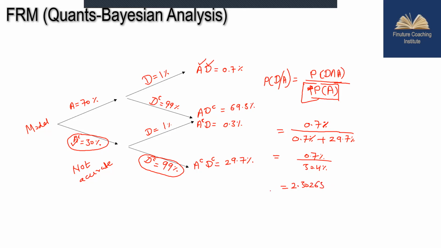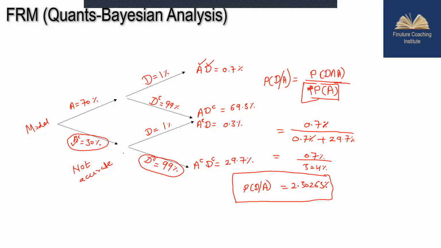I mean, there are decimals, but it is approximately this. The probability of default, given that model has predicted that default will happen, the probability of that is 2.3%.